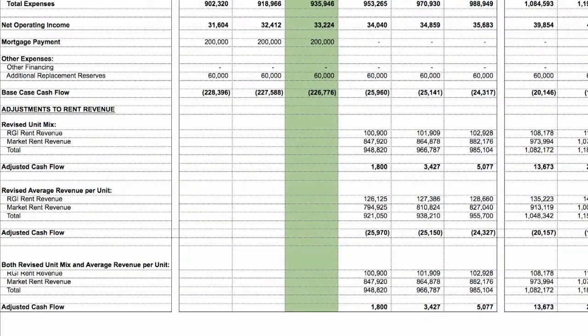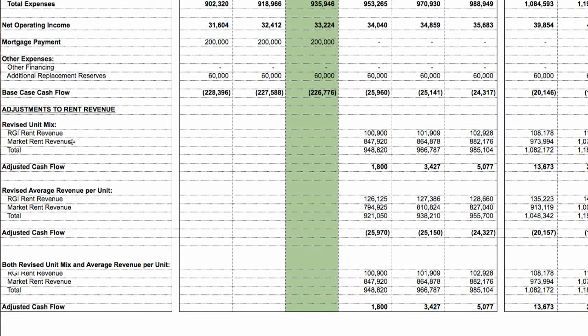Now what you've got down here, and I'll show you the respective lines, adjustments to rent revenue. So the first field here is revising that unit mix. That's what we've just done. The second area is revising the rent revenue, and the third is working with both of them together. So we have just increased our rental revenue by virtue of having more market units.